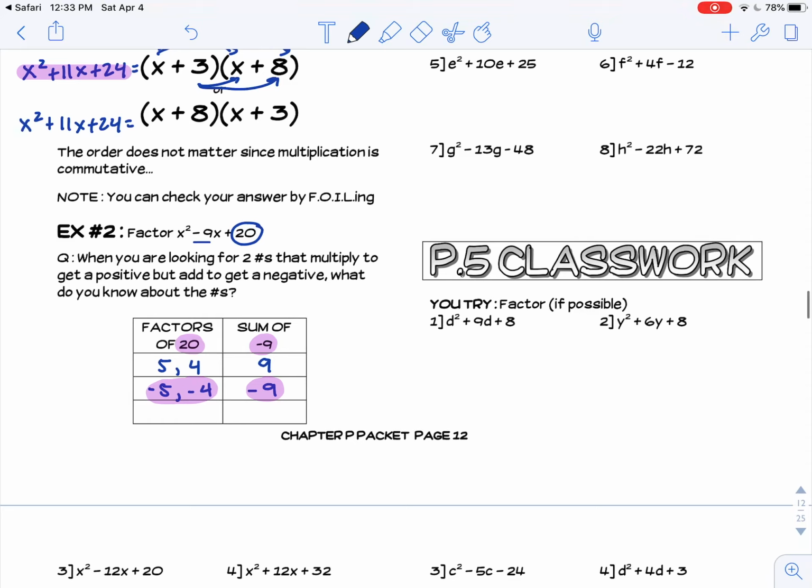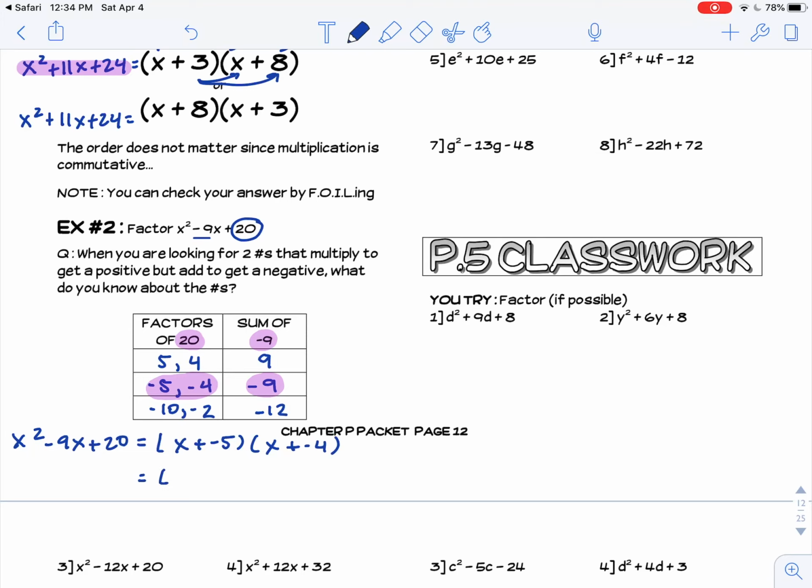Now, there could be other ones that aren't correct. For instance, -10 times -2 is 20, but the sum is -12. Now, how would I write this? x squared minus 9x plus 20 equals x plus -5, x plus -4.